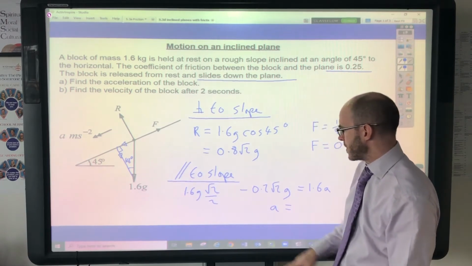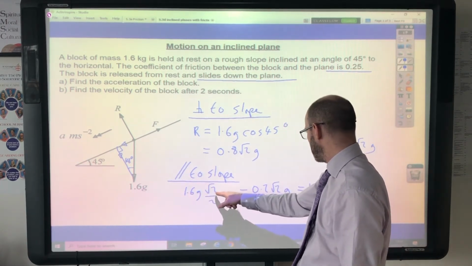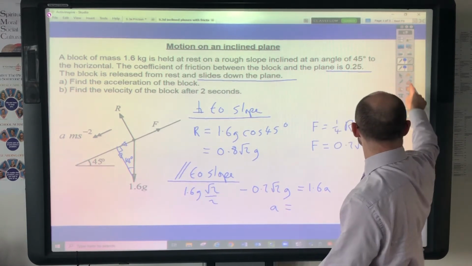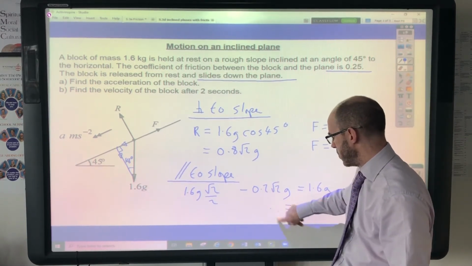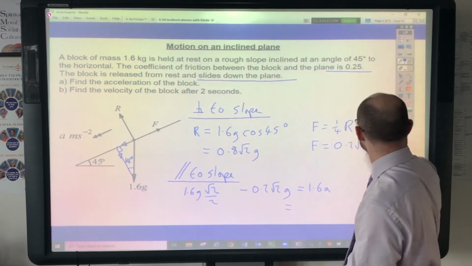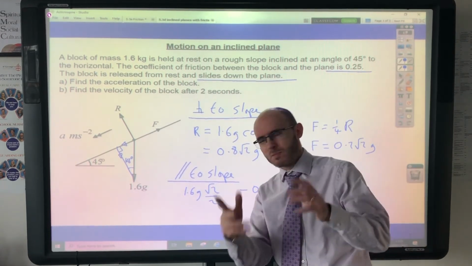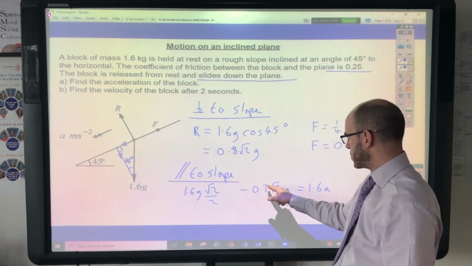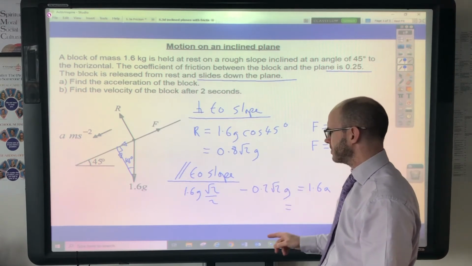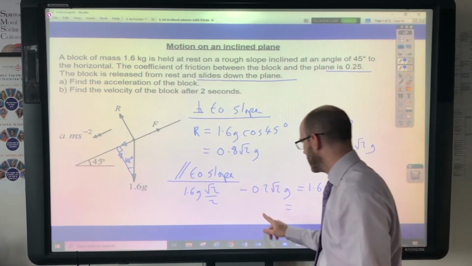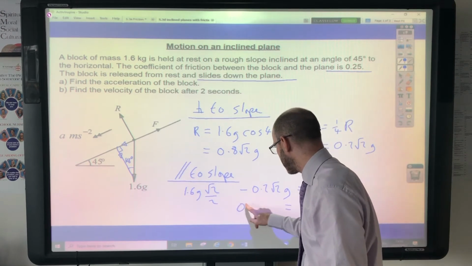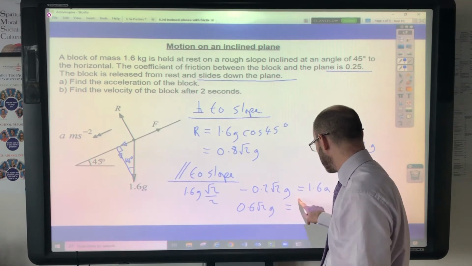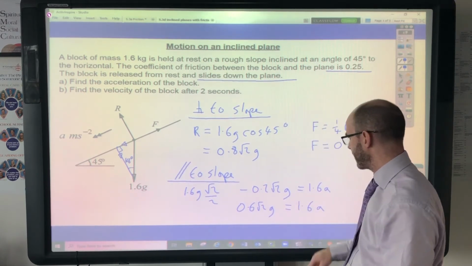So that would be 0.8 G root 2, subtract 0.2 root 2 G. I like getting an equation and then simplifying it as much as possible. 0.8 G root 2 and 0.2 root 2 G, same thing, isn't it? So that's going to be 0.6 root 2 G equals 1.6 A.